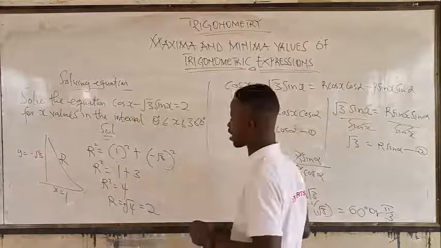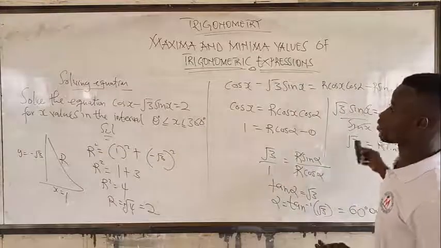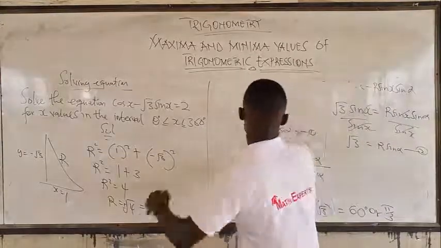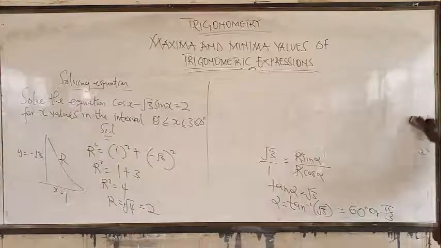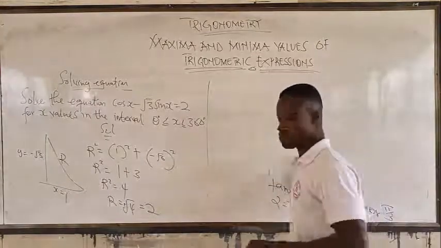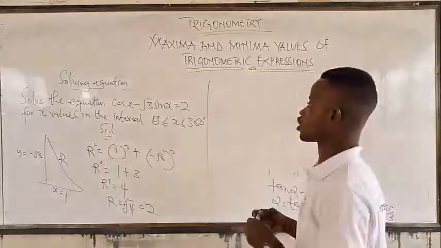Now let me show you how to solve it. All that we are going to do is what we have done before. So we are now coming to solve the equation.